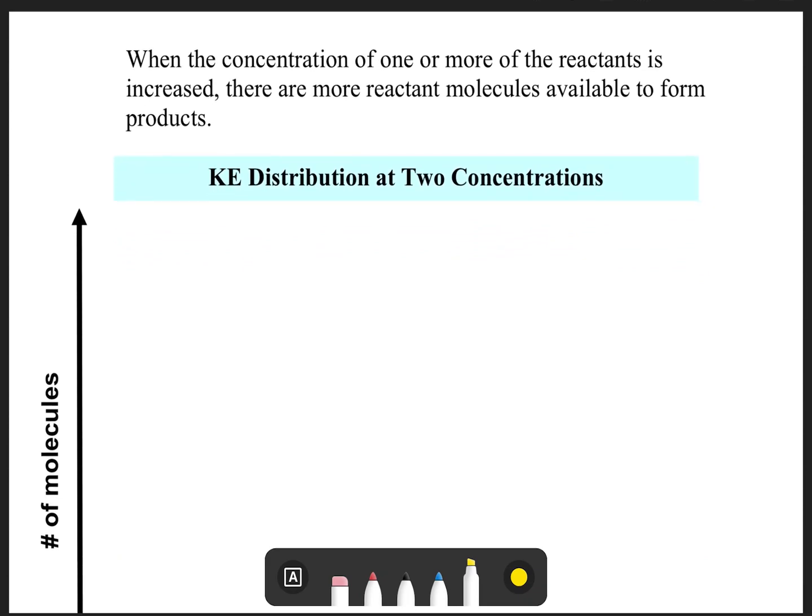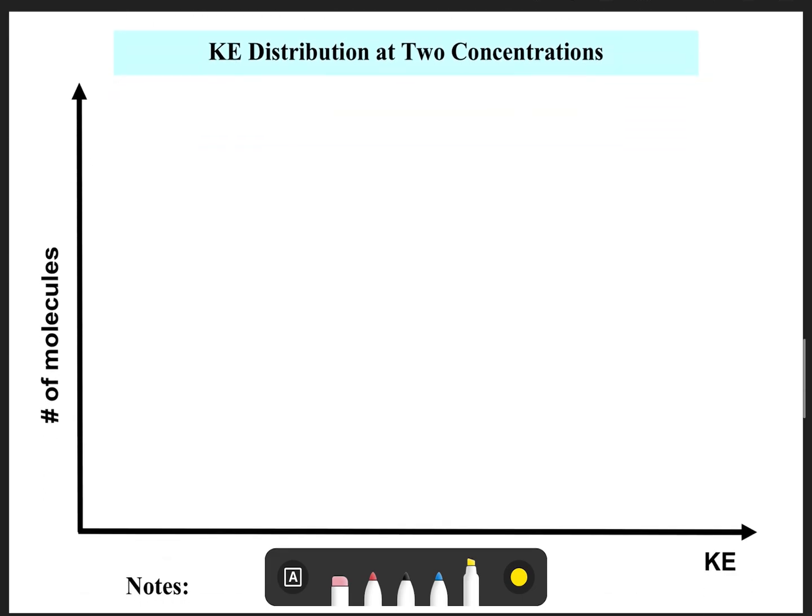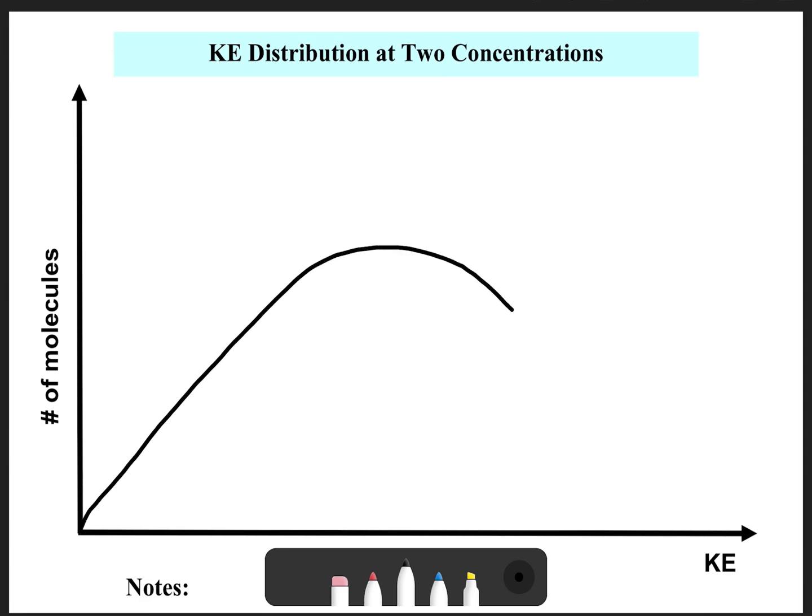Let's now look at what happens to the kinetic energy distribution at two different concentrations. When the concentration of one or more of the reactants is increased, there are more reactant molecules available to form products. Let's draw the kinetic energy distribution at a low concentration. Again, same axes, number of molecules on the y, kinetic energy on the x.